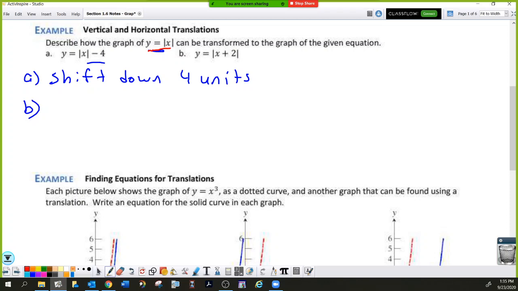Well, x changes because the x-axis goes left and right. X changes are a left and right change. Do x's have the same effect or opposite? Opposite, because the x's do the opposite of what we think they should. So that plus 2, we think it should be going to the right because the number should be getting bigger, but it's not. It's shifting to the left 2 units.